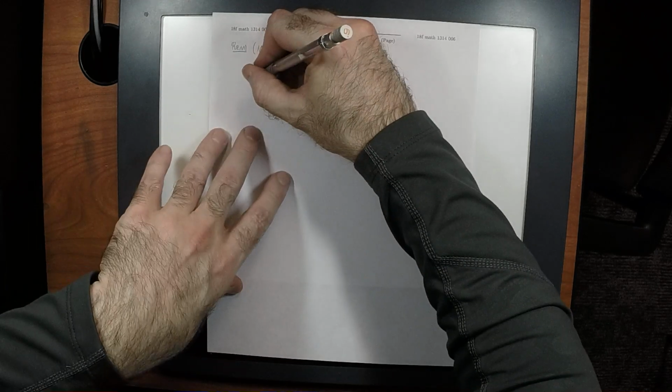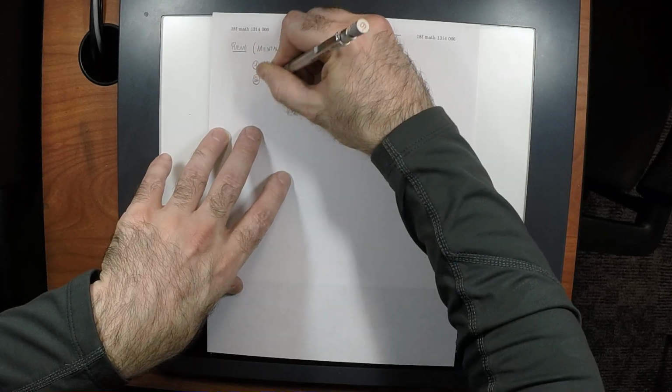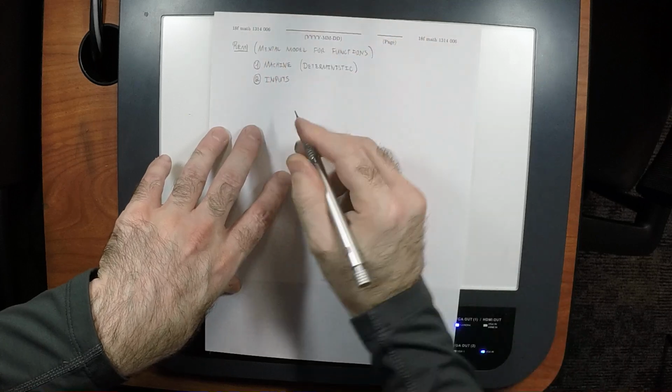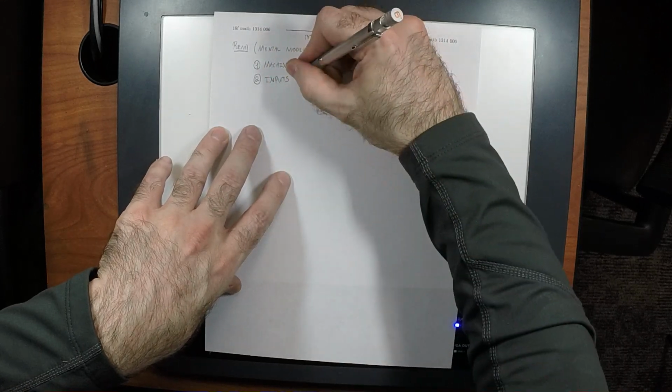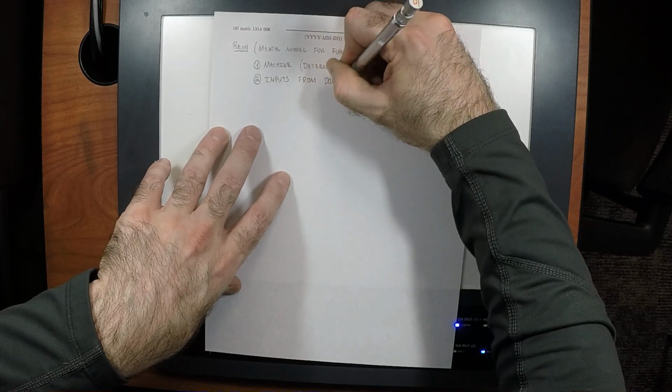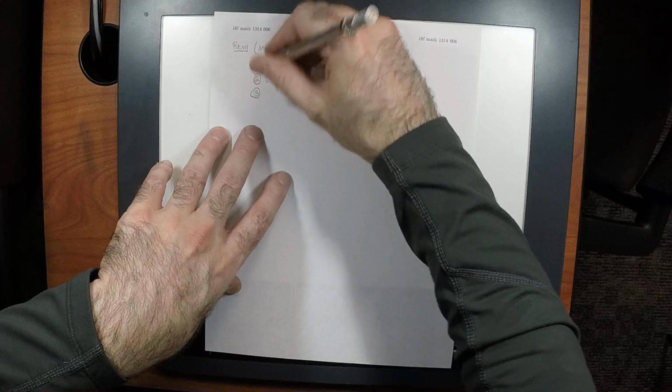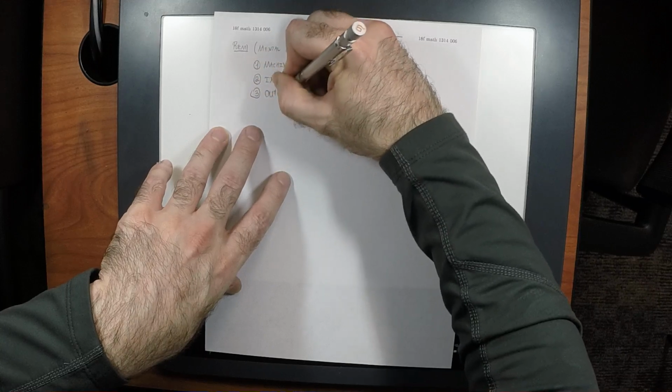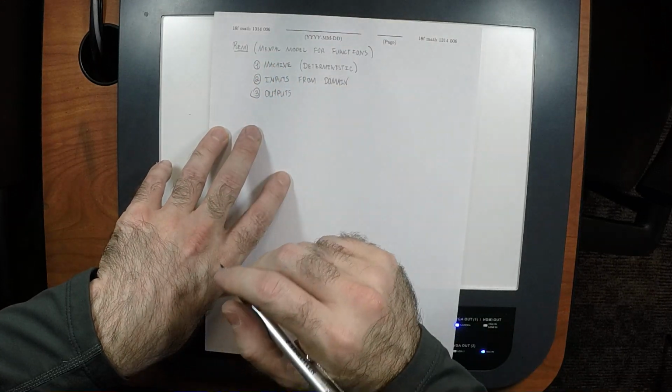Okay, so it's a machine. It accepts inputs. What's the name of the input set? Domain. So inputs come from the domain. From inputs, it produces outputs. And what is the name of the output set? Range. The range.